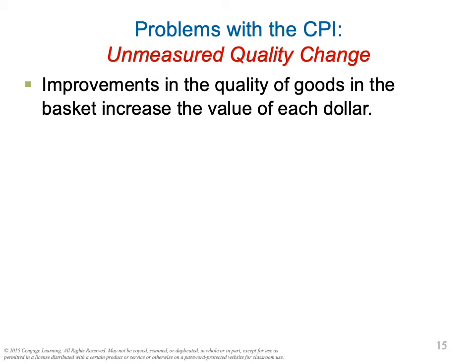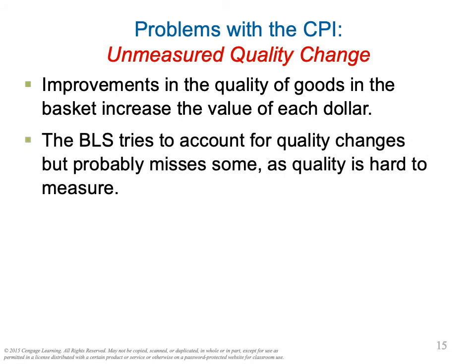And so a lot of those items in the basket, their quality is being improved upon over time. Now, as it turns out, the Bureau of Labor Statistics tries to account for quality changes, but it can obviously potentially miss some, and that's mainly because quality is something that's hard to measure.